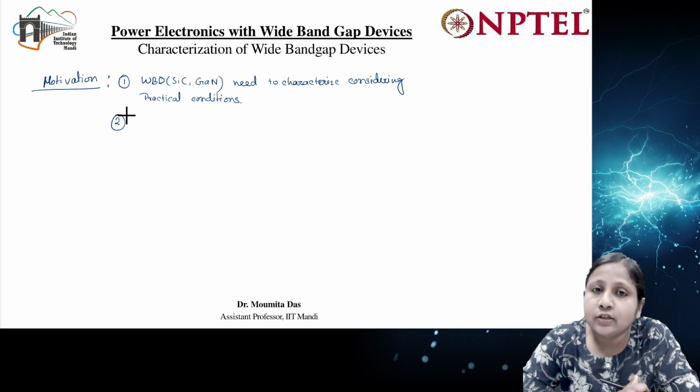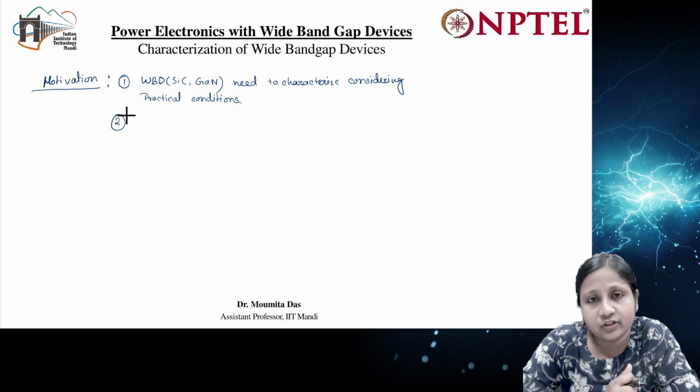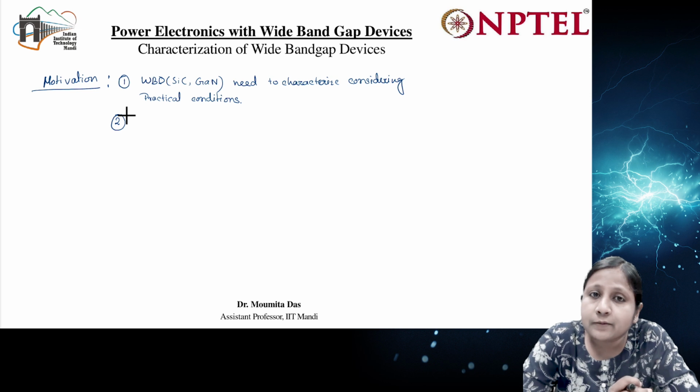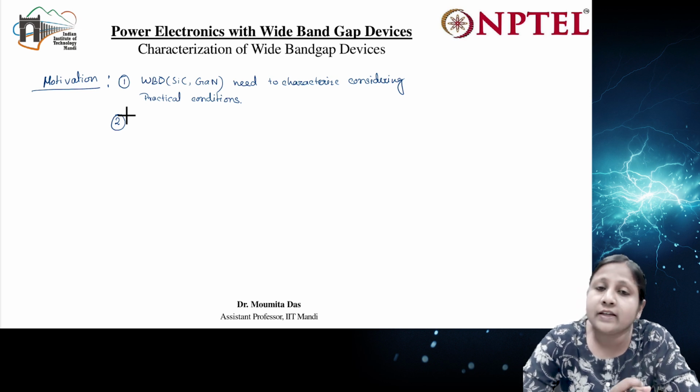So you need different parameters with respect to your electrical conditions. In the datasheet you must have seen different electrical conditions are given. Electrical conditions means different voltage, current, and temperature.